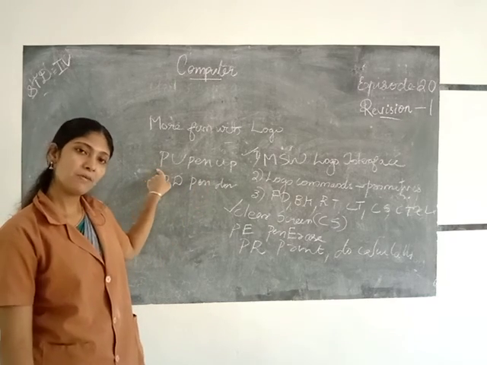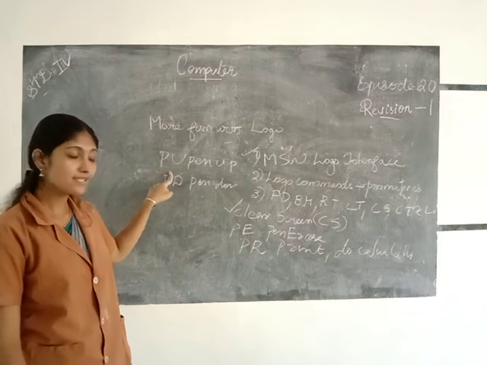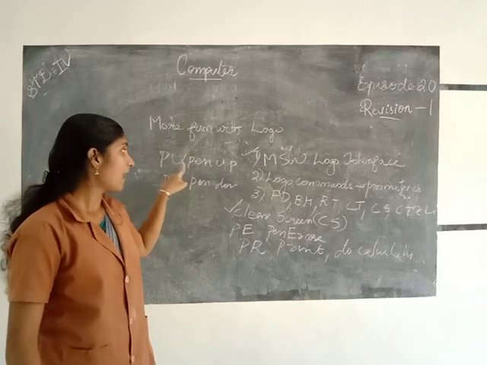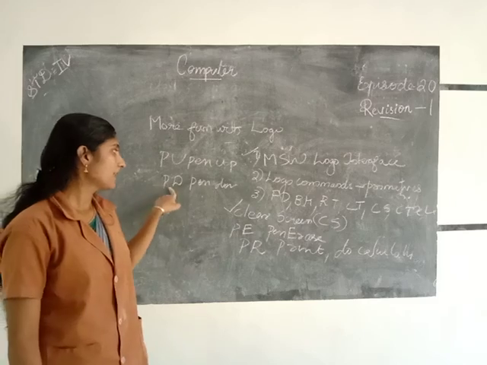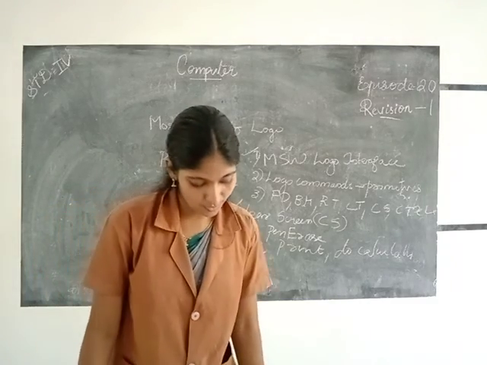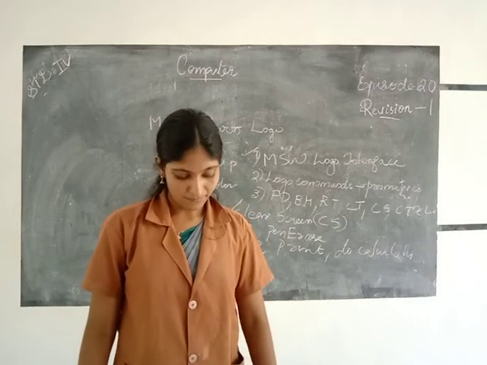So if you apply the PU command, you cannot draw lines, but you can move the turtle to another position. Then PD means you can draw the lines. So, pen down.